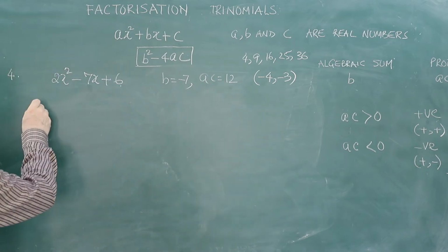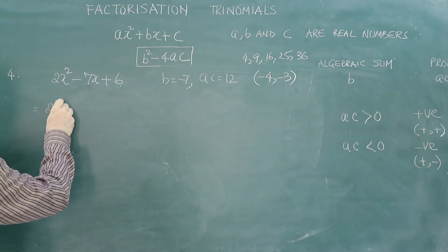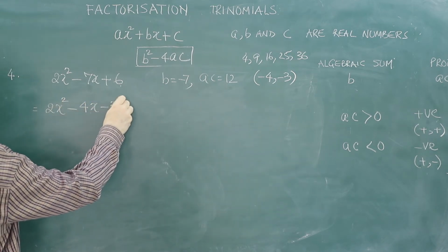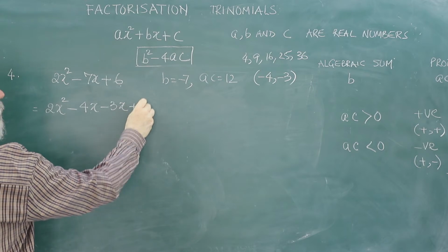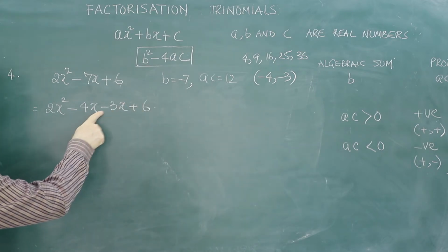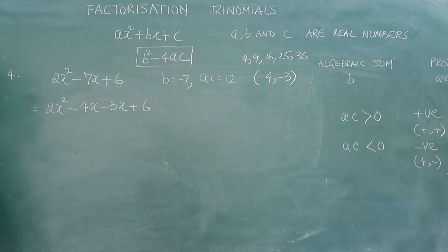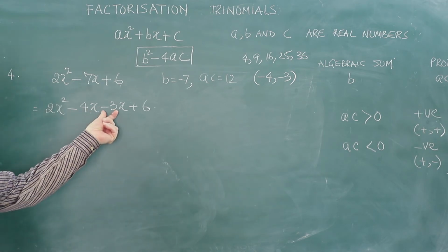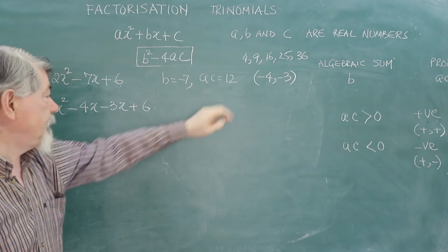So how are we going to write this? 2x squared minus 4x minus 3x plus 6. Minus 4x minus 3x will give you minus 7x, and when I multiply minus 4 and minus 3, I'll get plus 12, which is AC.